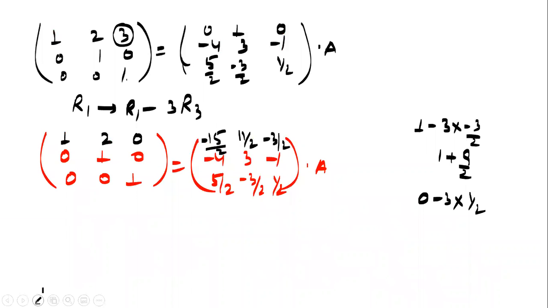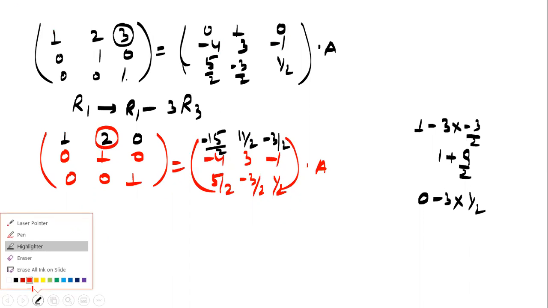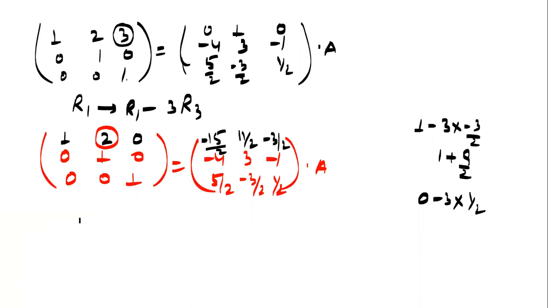Now the last step is we have to make it 0. So what will be the R1 arrow? R1 minus 2 R2.